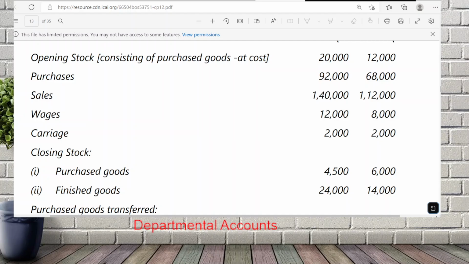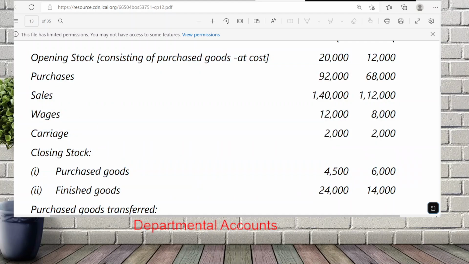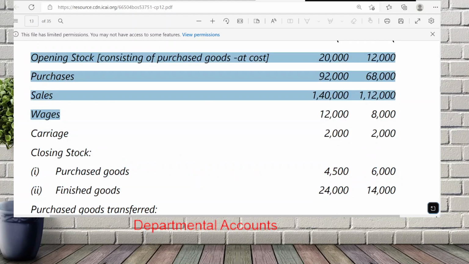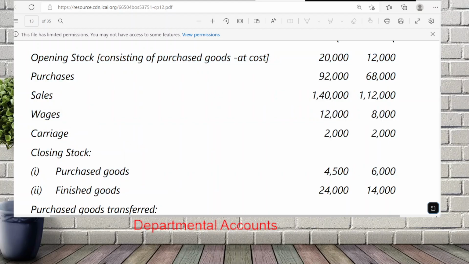First record opening stock, purchases, sales, wages, carriage, closing stock, everything. Then we'll record the transfers. Simple rule, let it be transfer or return: debit the receiver, credit the giver. That is it. Purchased goods, finished goods, whatever it is, if it is transferred, credit the giver, debit the receiver. That is the same rule we are going to follow.